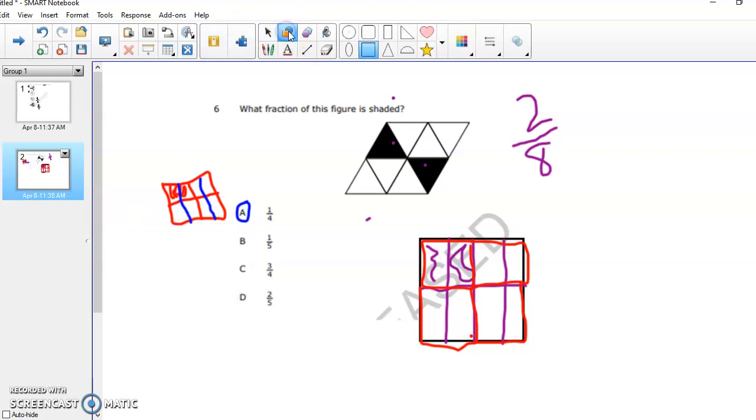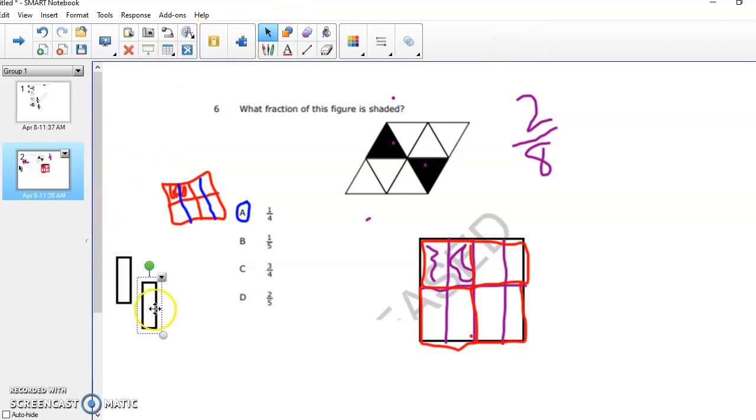Instead, I'm going to take a shortcut here. So that's 1/5, 2/5, 3/5, 4/5, 5/5.